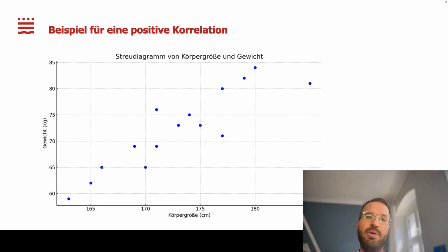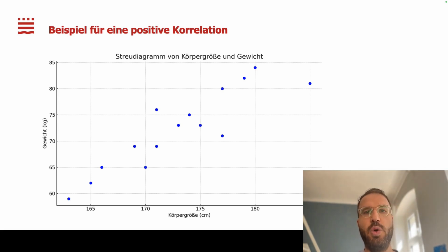Well, I will give you the answer directly. A positive correlation means that when one characteristic increases, the other characteristic will also increase. Conversely, when one characteristic decreases, the second characteristic also decreases. And this is indeed the case with height and weight.